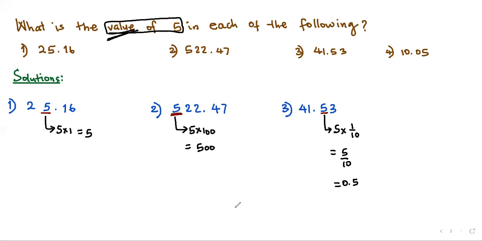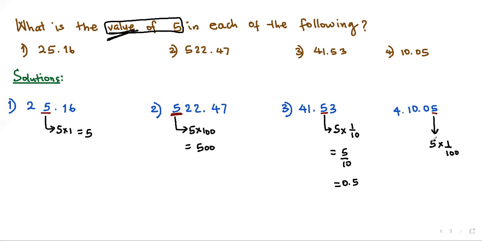Okay. And now let's look at part 4. We have got 10.05. And this time, 5 is here. Sorry, what is the value of 5? 5 out of 100.